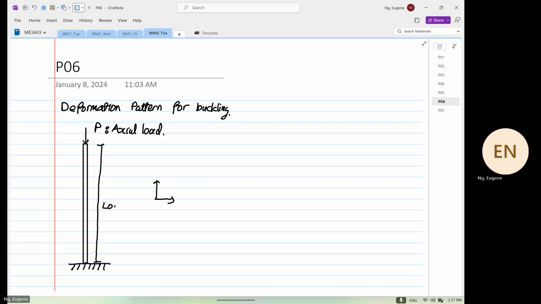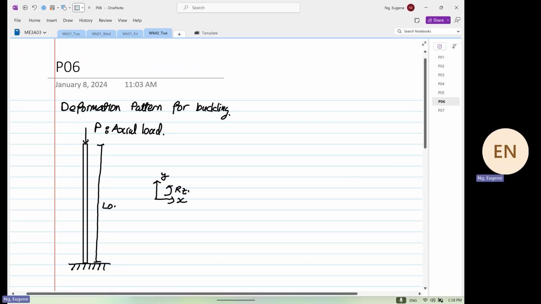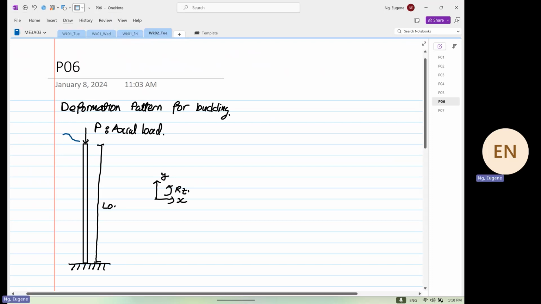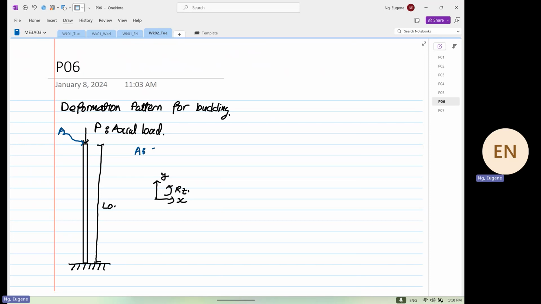Translation in X and Y, rotation about Z. And then what we have over here is A, and A is our cross sectional area.